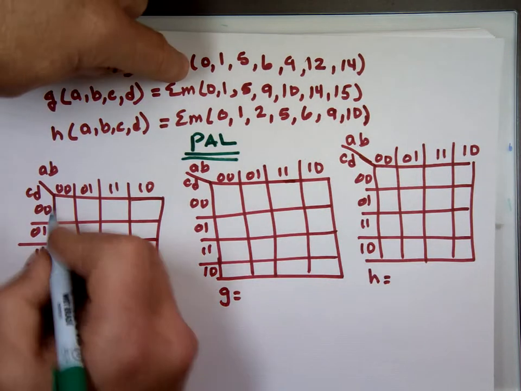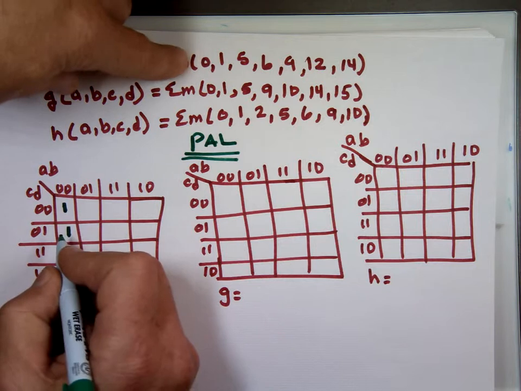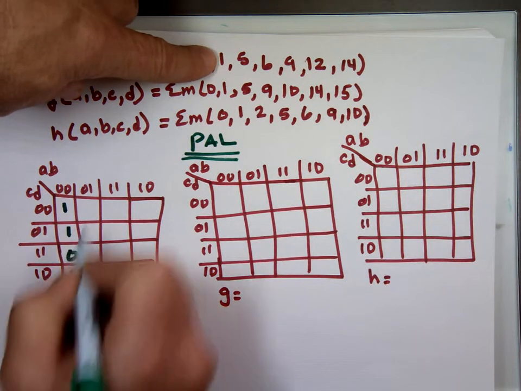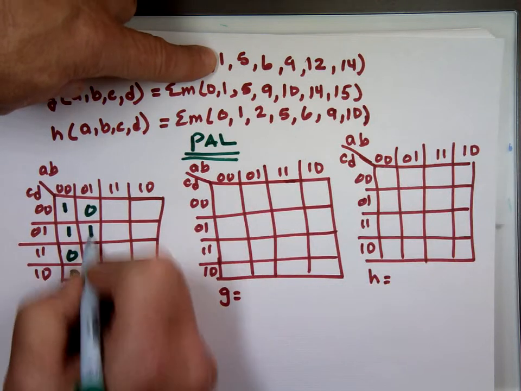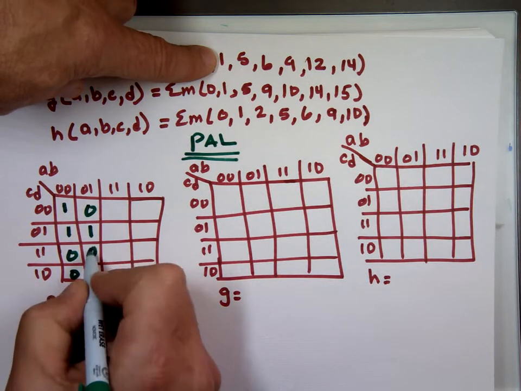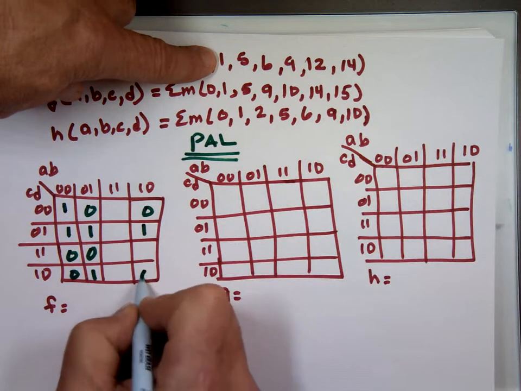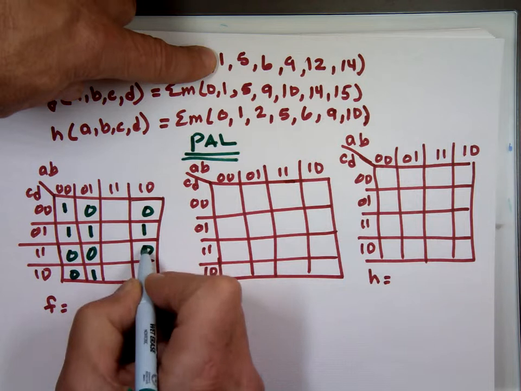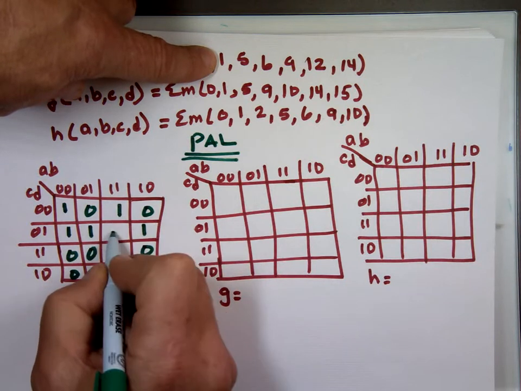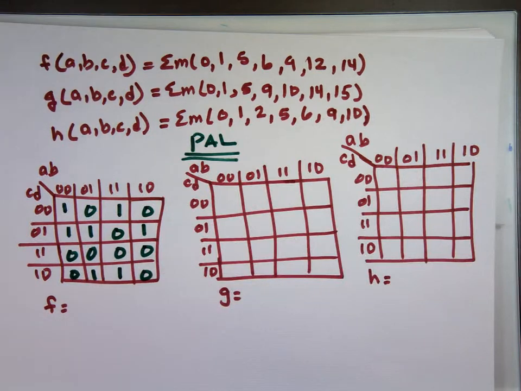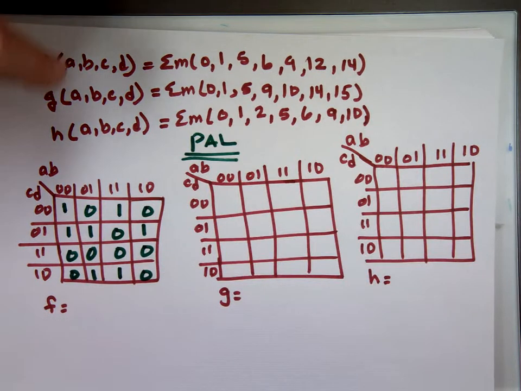I got a 1, 0, 1, 2, 3, 4, 5, 6, 7, 8, 9, 10, 11, 12, 13, 14, 15. I think I'm good with that one.